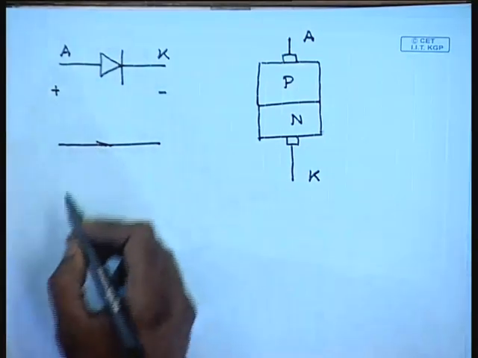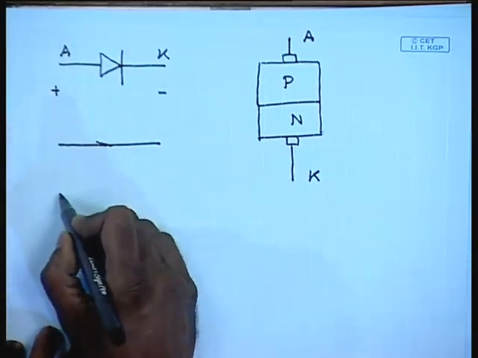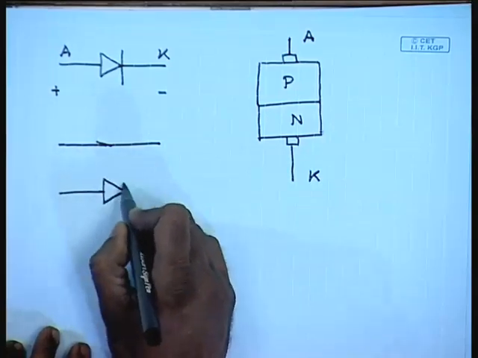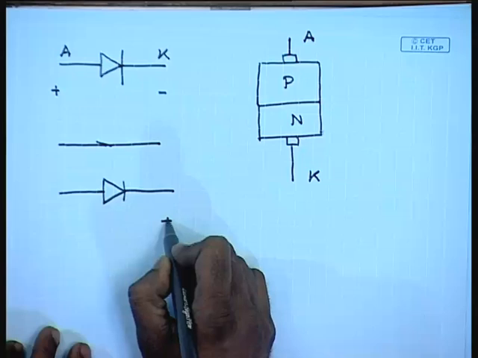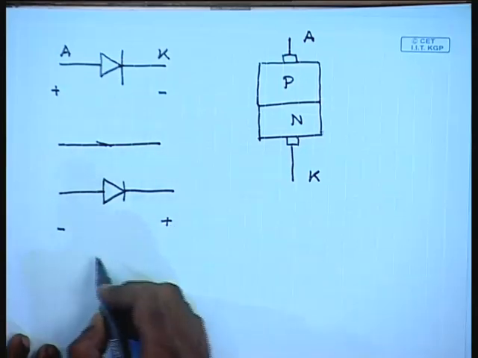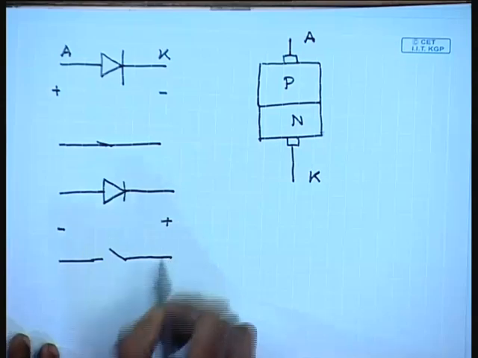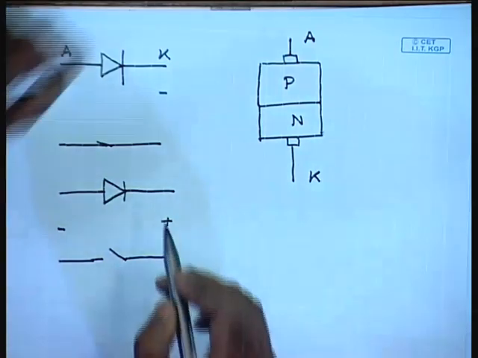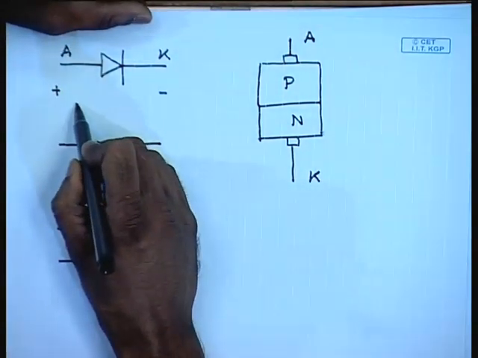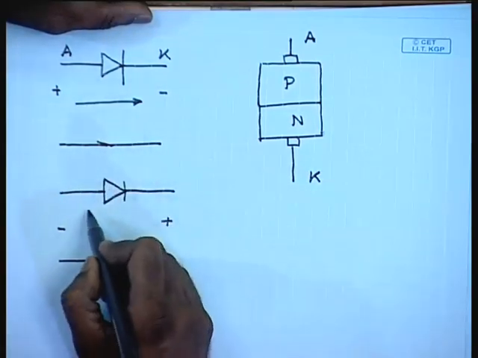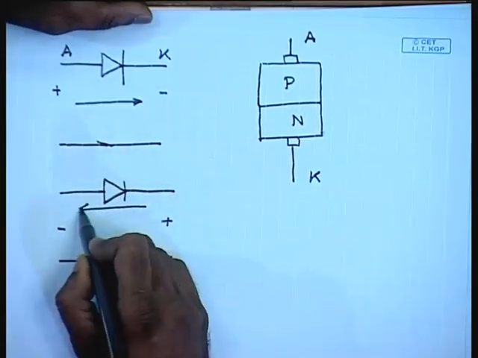But if we apply a reverse polarity of voltage, it behaves like an open switch. The current through a diode can flow only in one direction, from anode to cathode. Current cannot flow from cathode to anode.